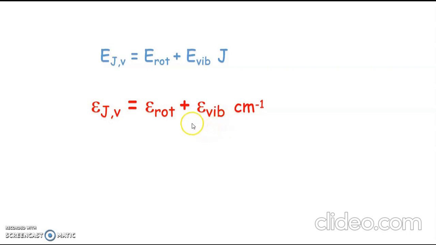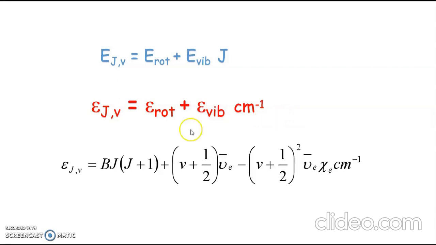Here we know what epsilon vibrational and epsilon rotational are, that is, the energy levels of vibrational state and rotational state in centimeter inverse. If we combine these, we will get the energy levels of rotational vibrational states.